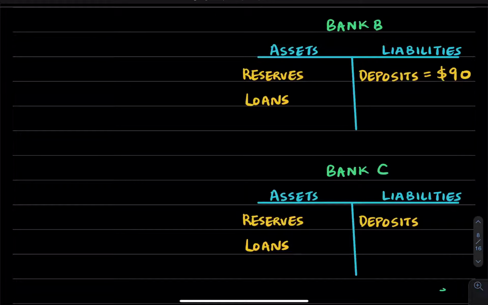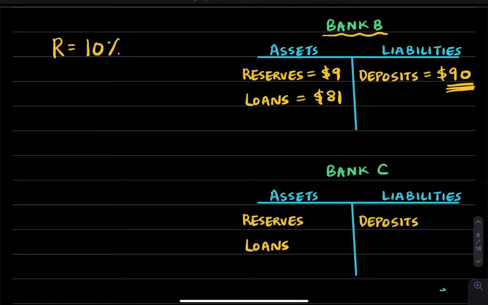Let's call that Bank B. And so if R, which is the reserve ratio, is still 10%, that $90 can be split again into reserves and loans. So 10% of $90, which is $9, would appear as reserves for Bank B, and it would be left with $81 to loan out to someone else.